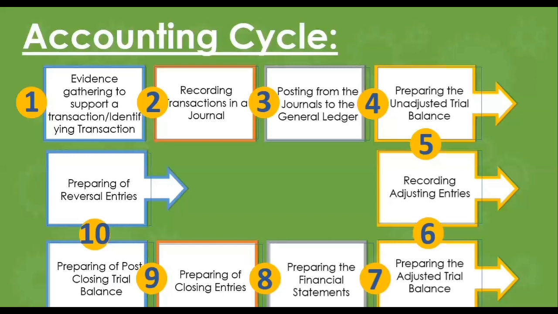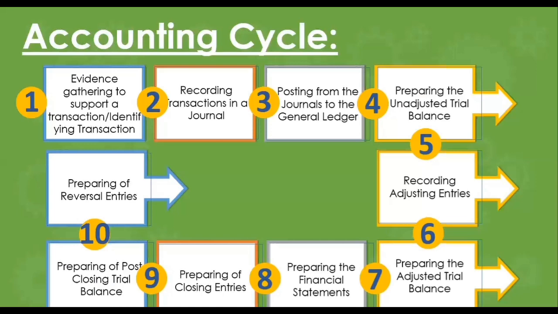The unadjusted trial balance makes the next steps of the accounting process easy and provides the balances of all the accounts that may require an adjustment in the next step. And take note, the unadjusted trial balance is for internal use only.